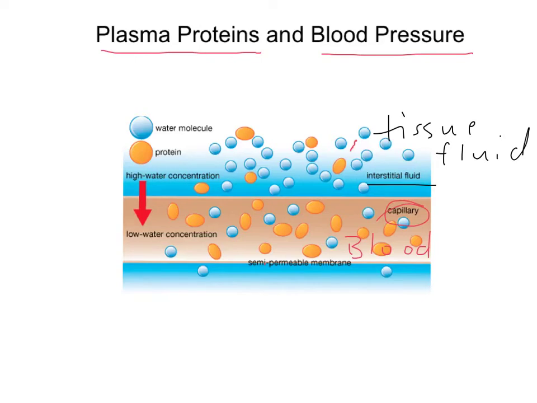Both inside the capillary we have water, and outside. And inside the capillary we have proteins of different sizes, and also some protein outside the capillary in the tissue fluid. And also remember that when the blood comes into the capillary bed, it's coming from the heart. When it leaves the capillary bed, it's going to the veins.